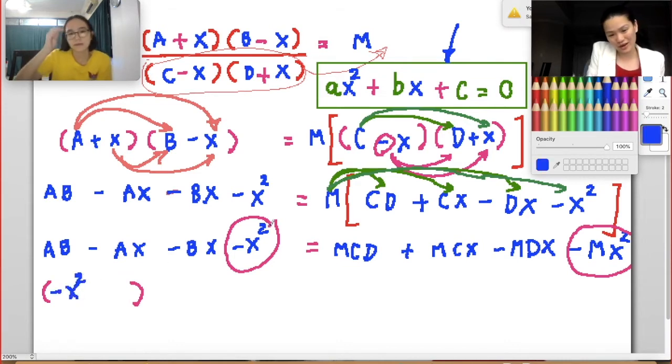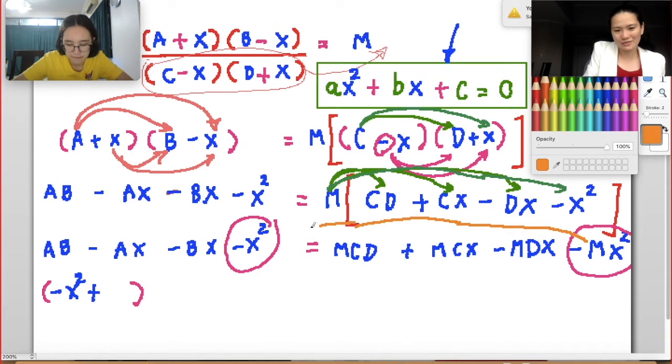Minus moved to another side turns to be plus. Is that correct? Now what I'm going to do, I'm going to move negative MX squared to another side. Okay, so it's turned to be plus MX squared.